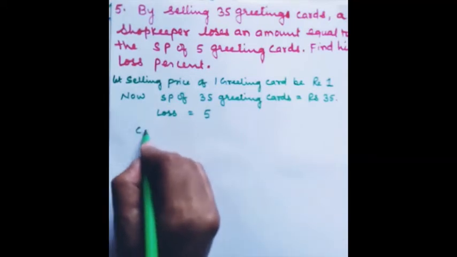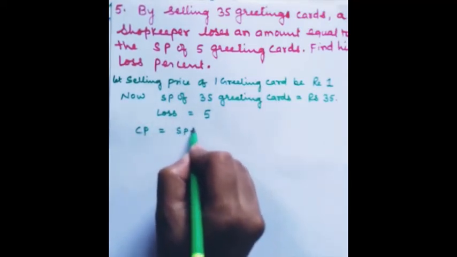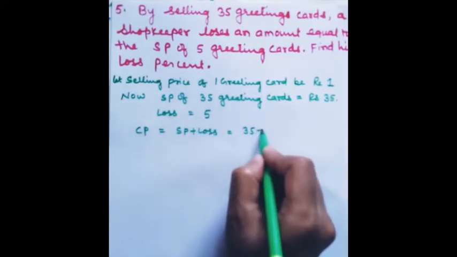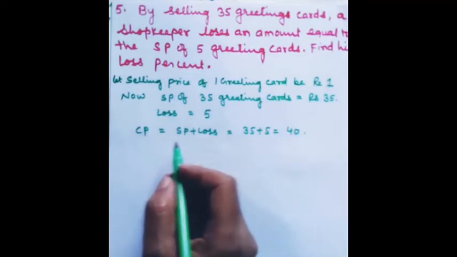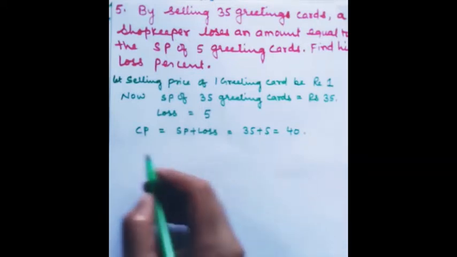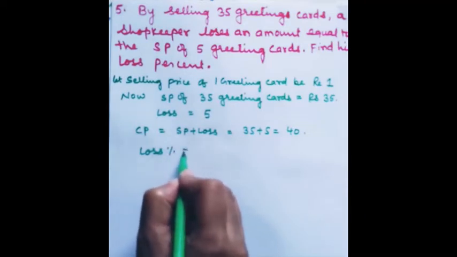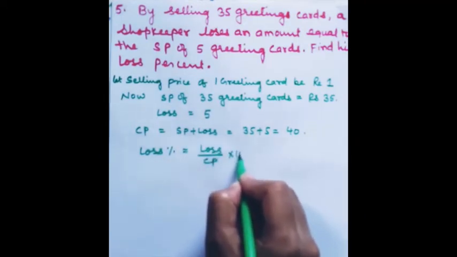Now what will be the CP? CP is equal to SP plus loss. That means here you have 35 plus 5, which will be equal to 40. Now see, loss is 5, CP is 40. So your loss percent will be how much? Loss percent will be loss by CP into 100.